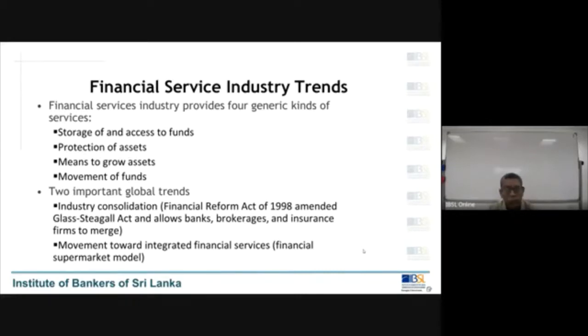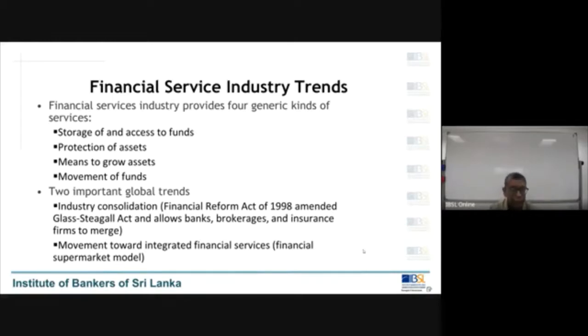So in today's context, financial services providers offer more services to clients, right? And what are the services offered to clients? Storage of and access to funds, protection of assets, means to grow assets, and movement of funds.